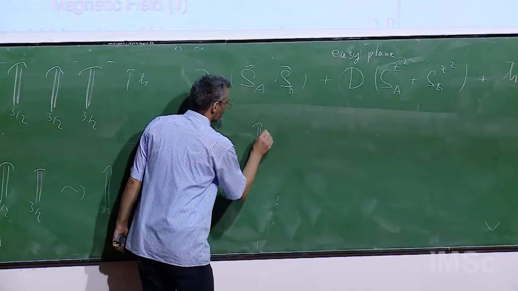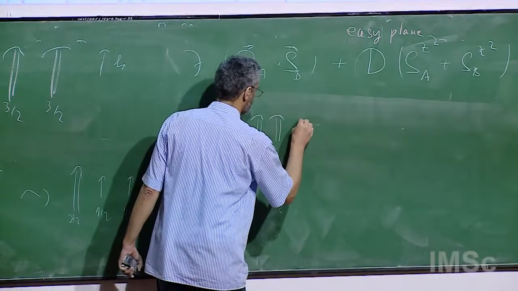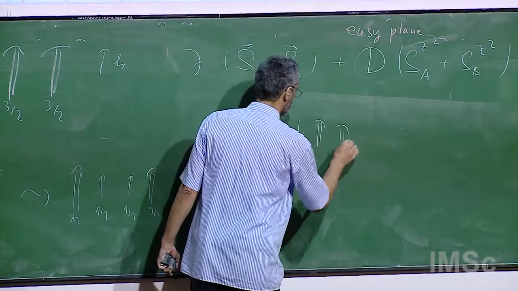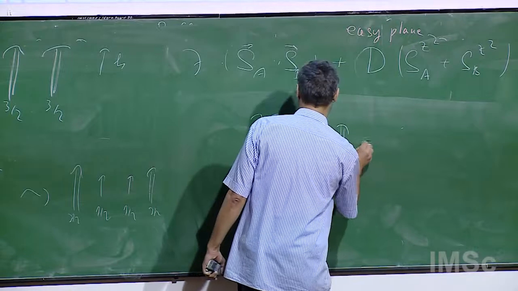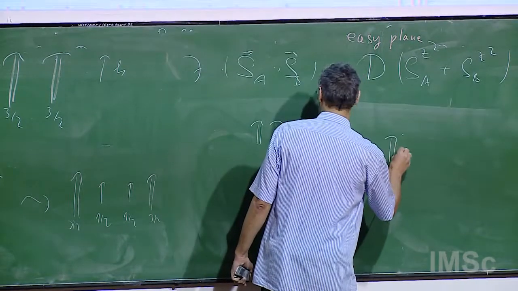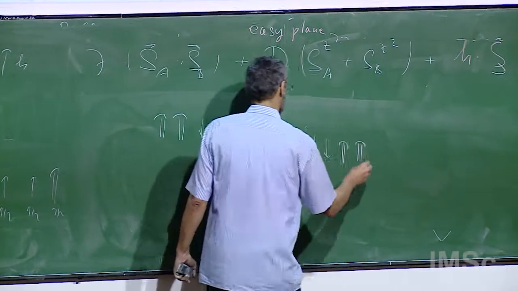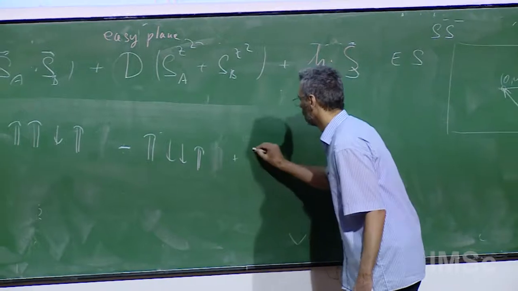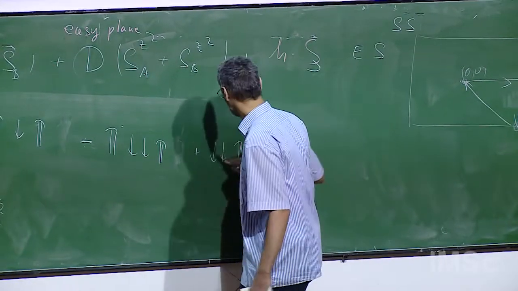So let's just make it like we have it down, up, up, and we add with the minus sign the up, down, down, up, up, and plus, I don't need this one here, down, down, up, up.